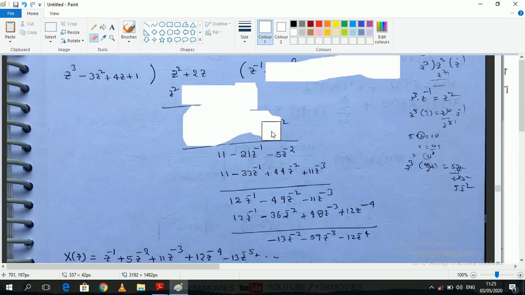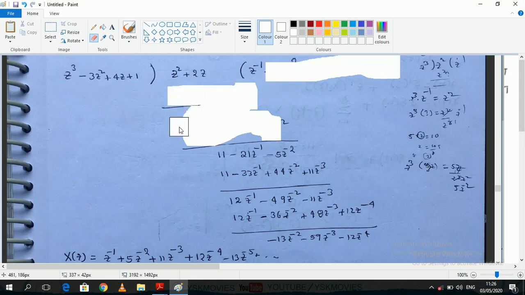See, the numerator is like this and the denominator like this: z cube minus 3z square plus 4z plus 1 and z square plus 2z. One thing you should know: how can we get the z square value? By what value do we have to multiply z cube? z cube into z power minus 1 gives z square, right?